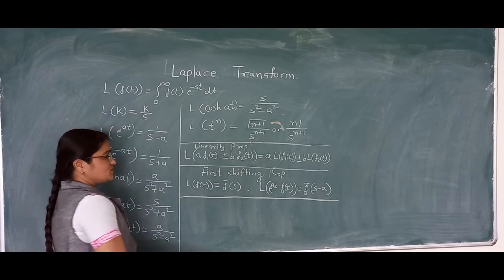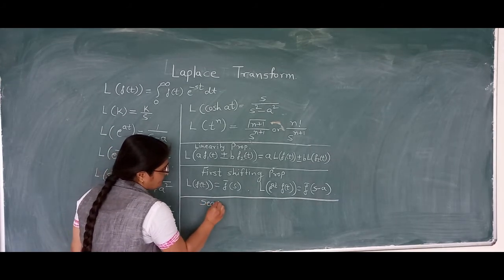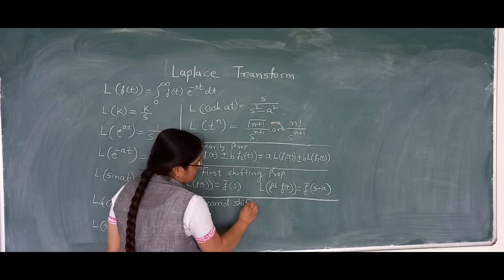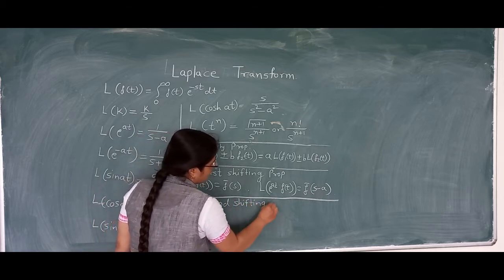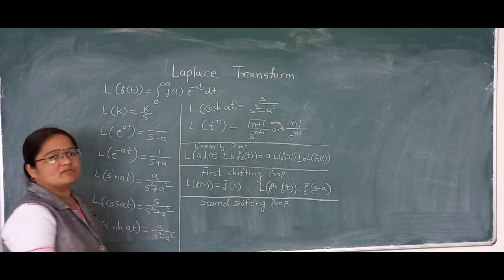Similarly, we also see the second shifting property, also known as the second translation property, or the Heaviside property.